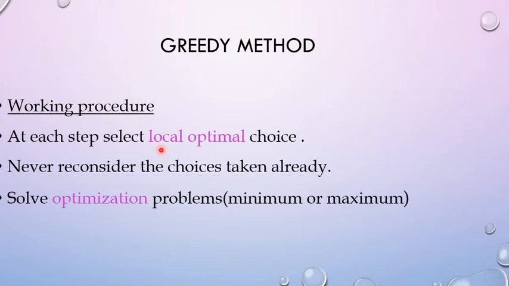Each step's answer is a local answer. The local decision is taken based on the optimum choice. What is the meaning of optimum? It means best. At each step the local best decision is taken. These are combined together to form the final best solution.